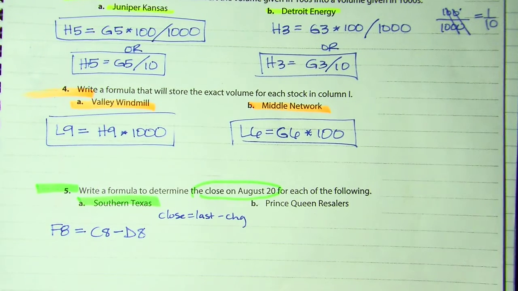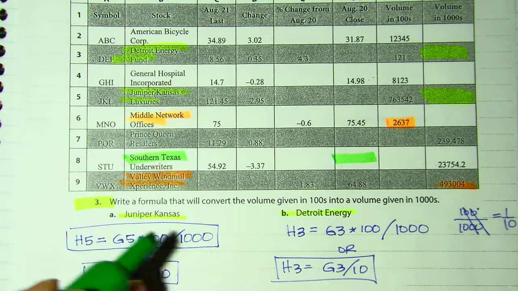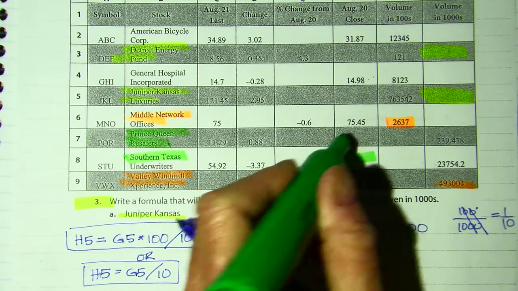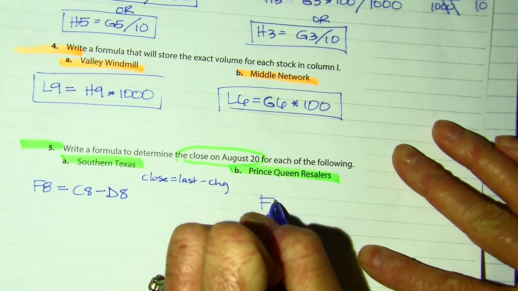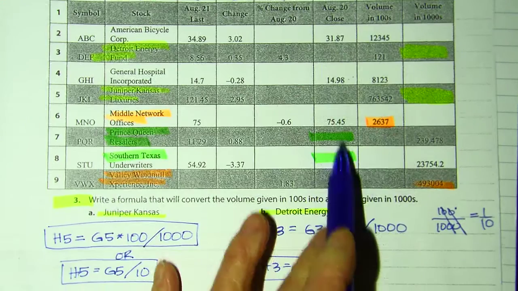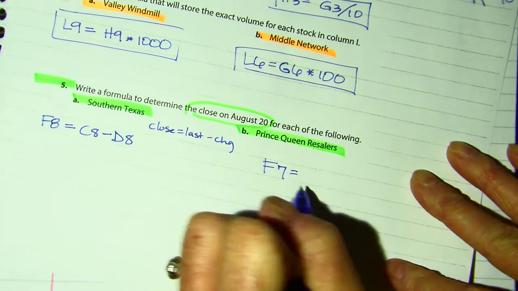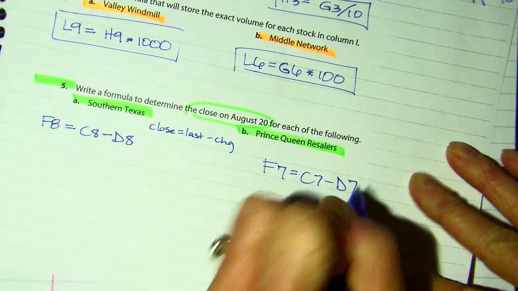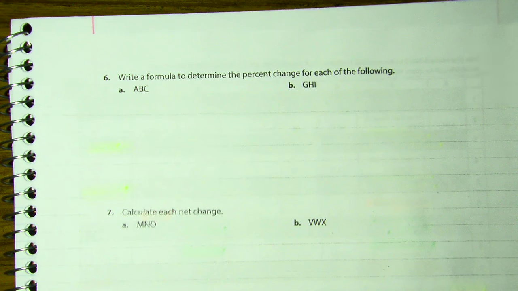And that is it for that one. Now let's go to Price Queen Resellers. Here they are. So the close, this is F7, equals C7 minus D7. Please feel free to use this for your homework. We have 2 more problems and then we're done today.